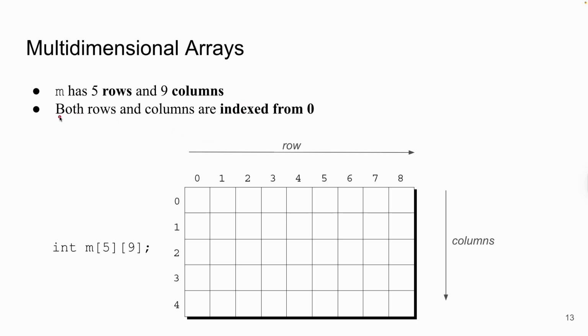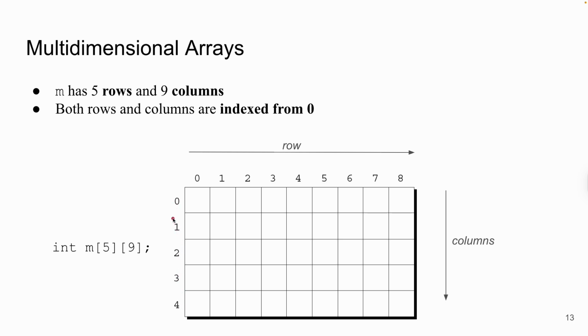Both rows and columns in the 2D array are indexed from 0 to the length minus 1. You can see the values I put here are the index numbers. So it's 0, 1, 2, 3, 4.